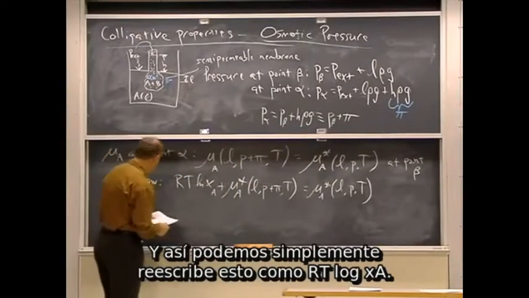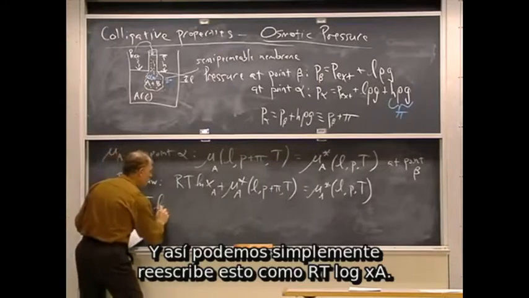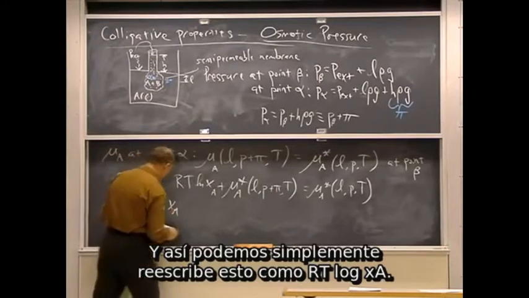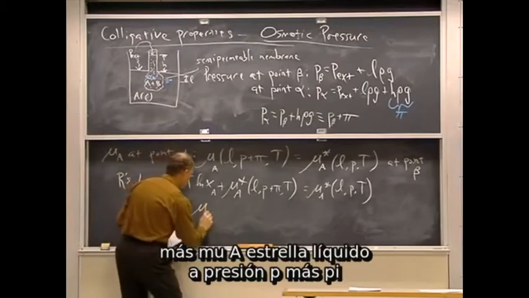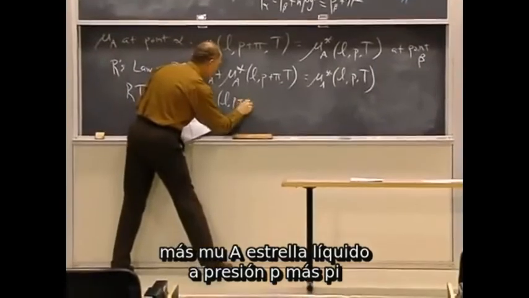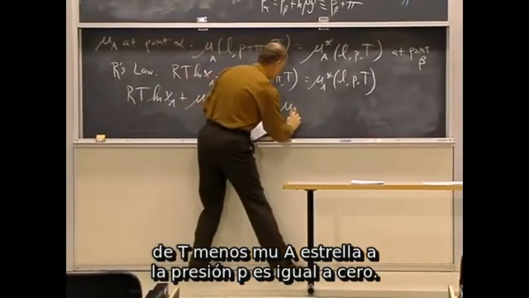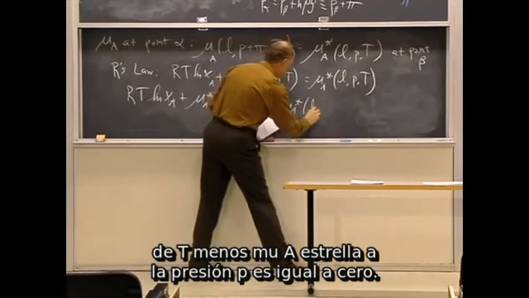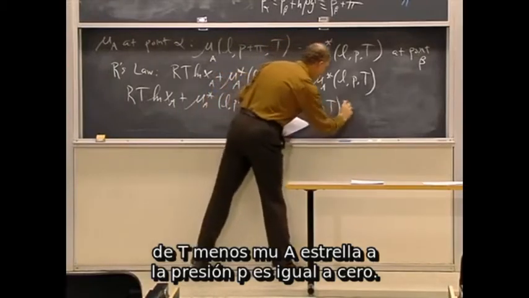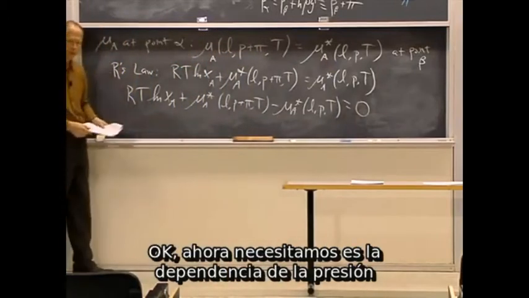And so we can just rewrite this as RT log XA plus mu A star liquid at pressure P plus pi of T minus mu A star at pressure P is equal to 0. Okay.